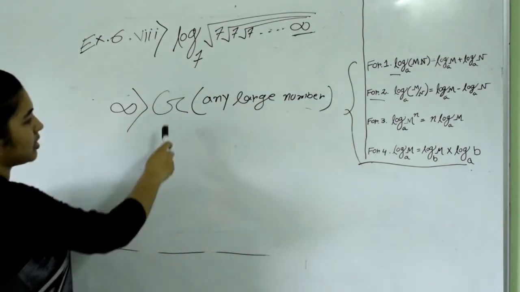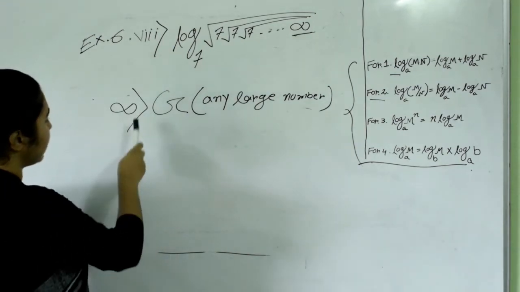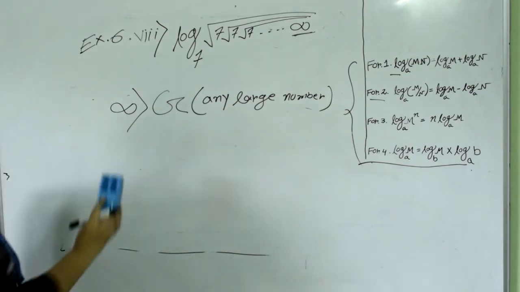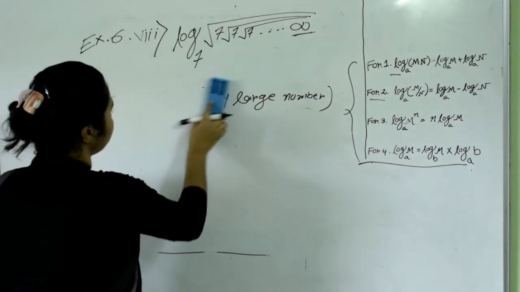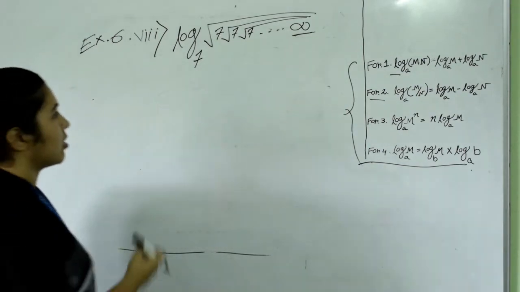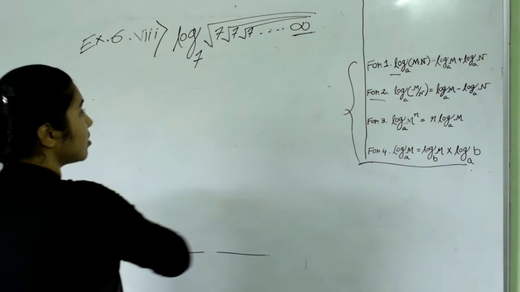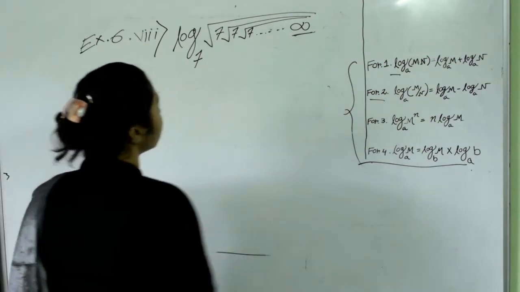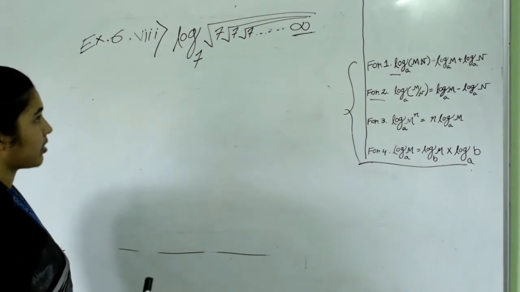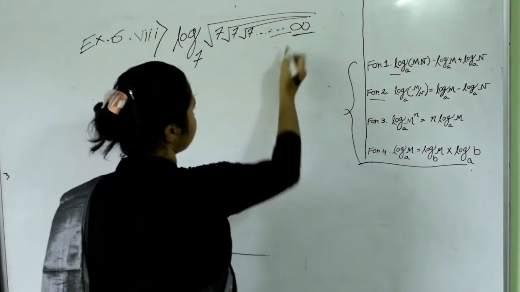Suppose g is any large number, then infinity is greater than g. That means we can say that infinity is not a finite term. Obviously infinity is not a finite term and is endless.